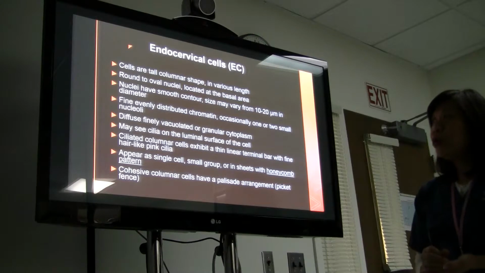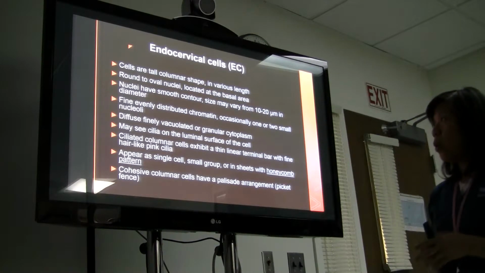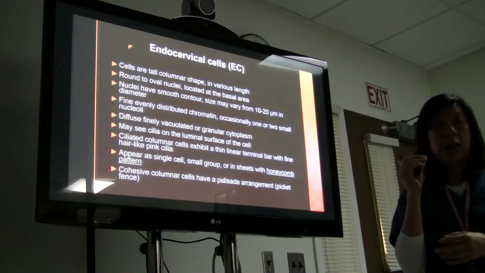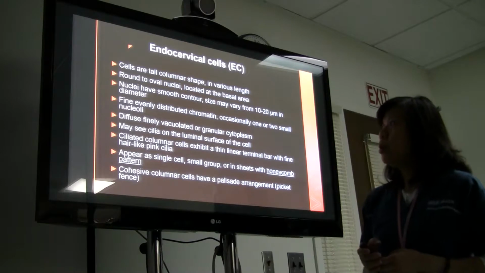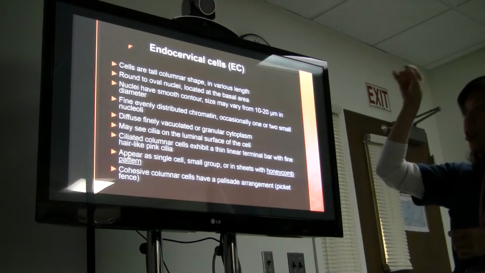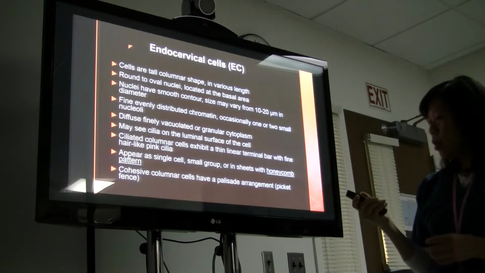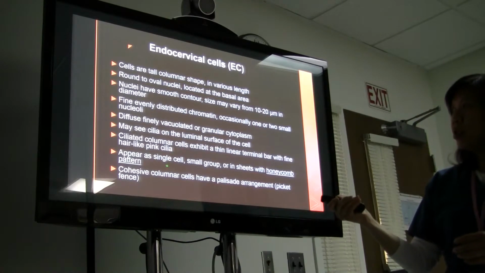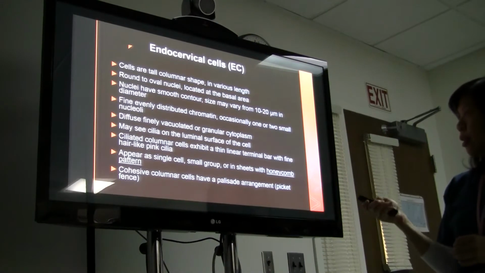The cytoplasm could be vacuolated with tiny little bubbles, or granular with little granules, more texturized. You may see cilia on the luminal surface, on the top of the cells. They appear arranged in single cells, small groups, sheets, or a honeycomb pattern.